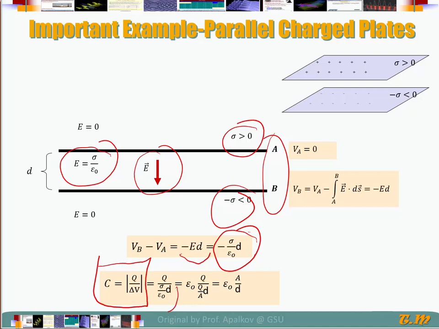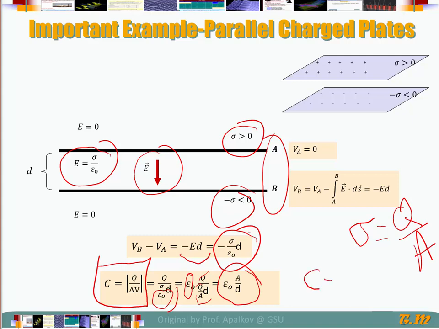Now, sigma, surface charge density, is Q over the area. So if we replace it here by Q over the area, and we have epsilon 0 all the way at the bottom here, so it can come up here, and then the Q's cancel, and we end up having epsilon 0 A over D. So the capacitance for a parallel plate capacitor like that one depends only on the area and the distance separating the plates.